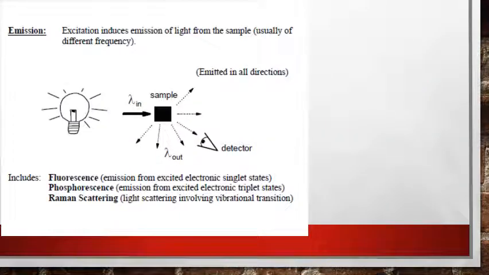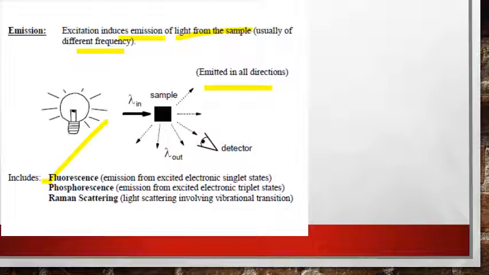So excitation leads to the emission of light from the sample, usually of a different frequency. Emission can take place from each one of the excited states, and it can appear in the form of fluorescence.